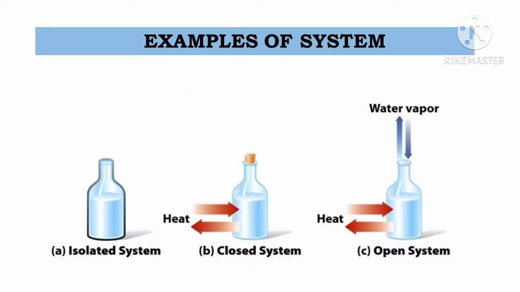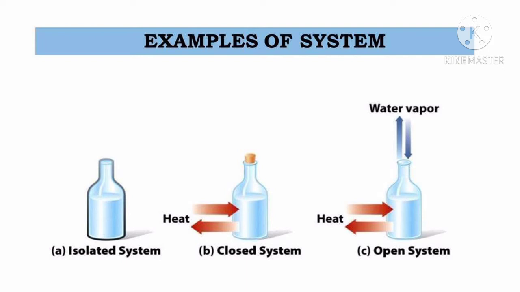These are the examples of system. A bottle with a thin lid and insulated covering is considered an isolated system because gases and heat cannot enter the bottle. In a closed system, the bottle is also covered with a wooden lid, but without insulated cover.